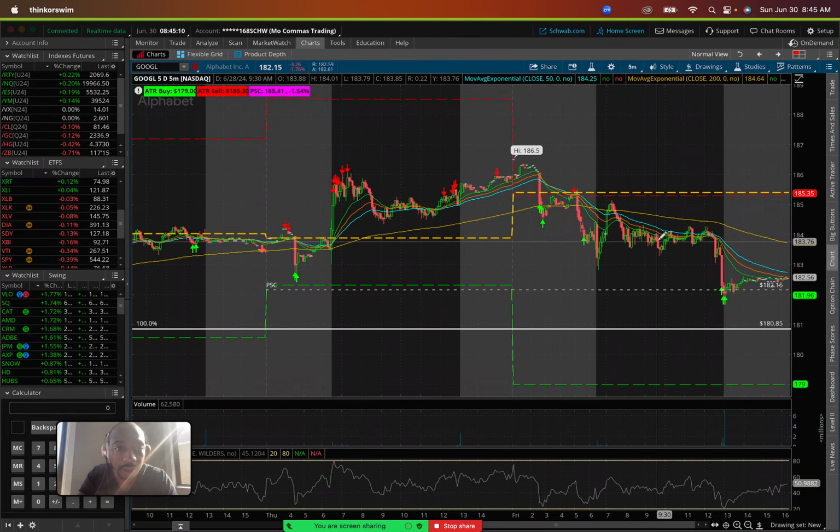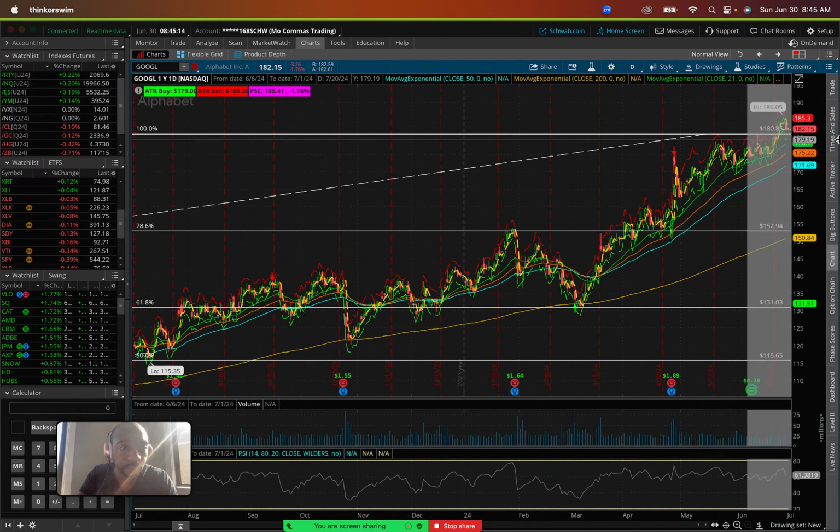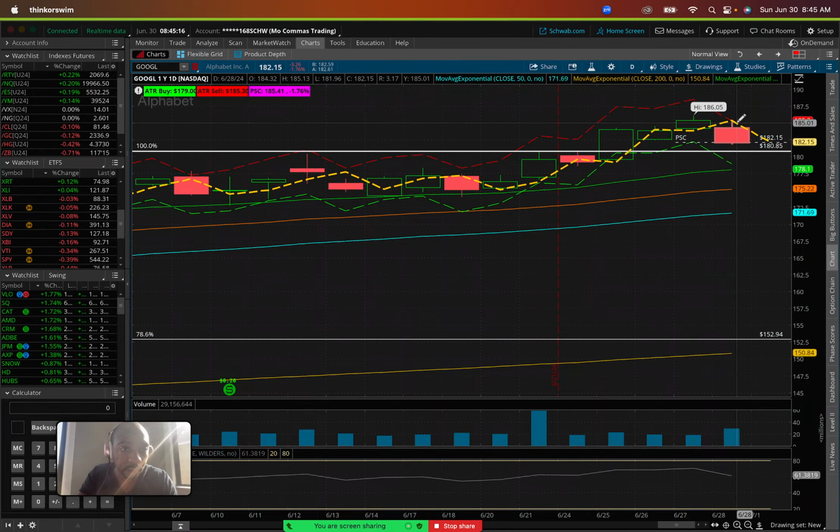Or did I get the previous session close wrong? Let me double check that. See, the close was 182.15. The close here was 185.41. Anyway, this indicator, it's probably because it's the weekend. Yes, because I'm seeing this yellow line is down here now.